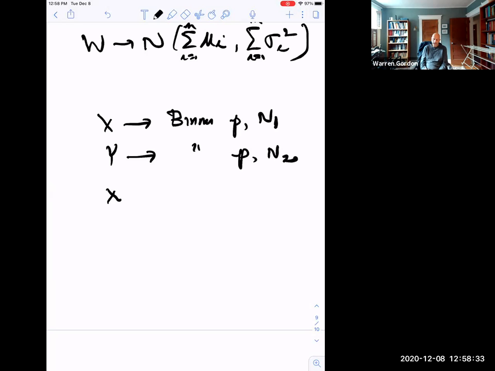Then you could show that X plus Y is binomial with parameters P, N1 plus N2. You might want to try proving that exactly the same way.